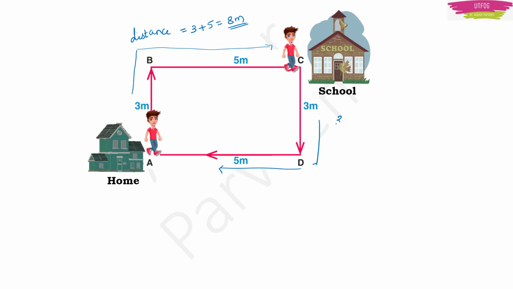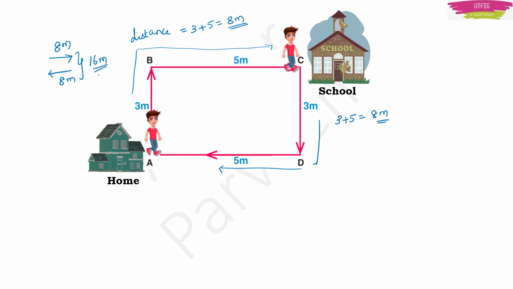It is again 3 meter plus 5 meter. It is 8 meters. This is the distance he traveled. Now what is the total distance that boy traveled that day? While going to school, he traveled 8 meters. While coming back, again he traveled 8 meters. The total distance he traveled is 16 meters.